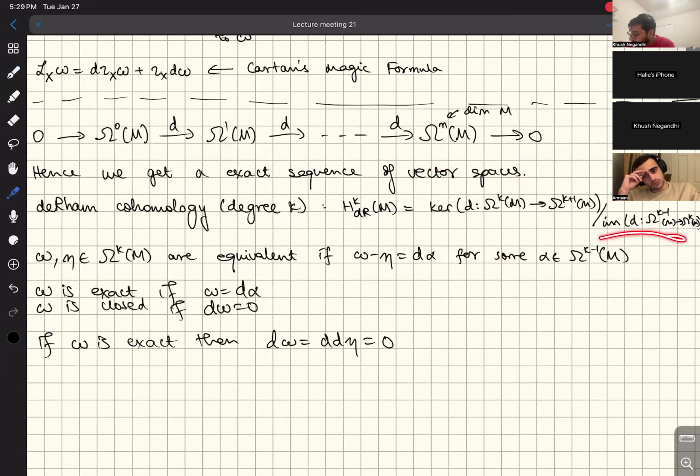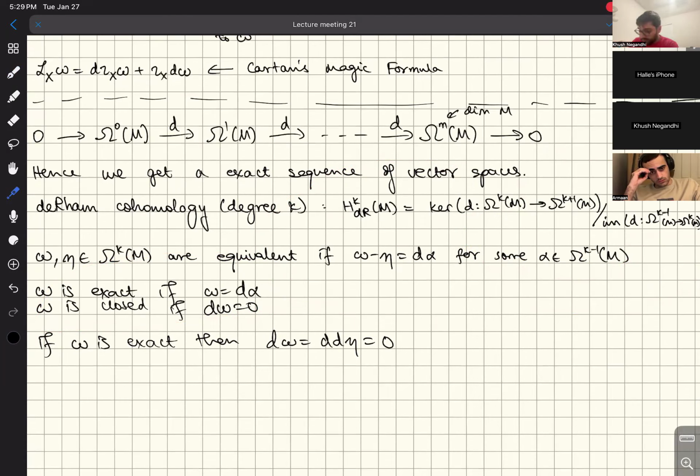Because I can only quotient out by something in the sense of vector spaces if that thing is contained in this other space. If it's not, then the quotient doesn't even make any sense. And so the de Rham cohomology answers the question of whether every closed form is exact. And it turns out that you actually gain topological information looking at cohomology.